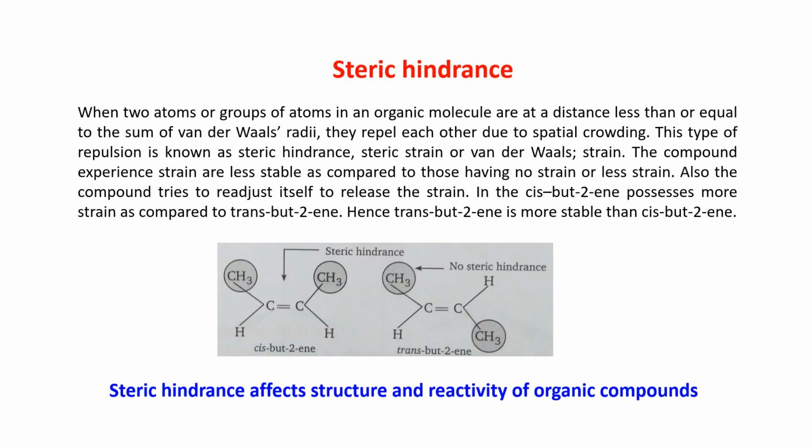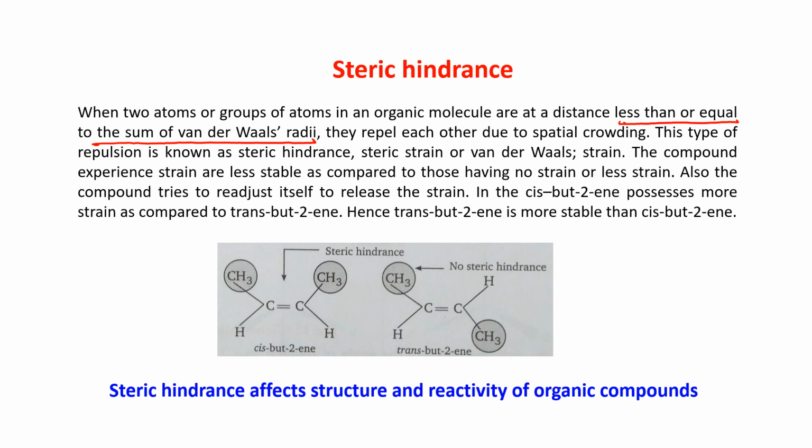Now, what is steric hindrance? When two atoms or groups of atoms in an organic molecule are at a distance less than or equal to the sum of van der Waals radii, they repel each other due to spatial crowding. Now, this van der Waals radii, you have read in the chemical bonding chapter.